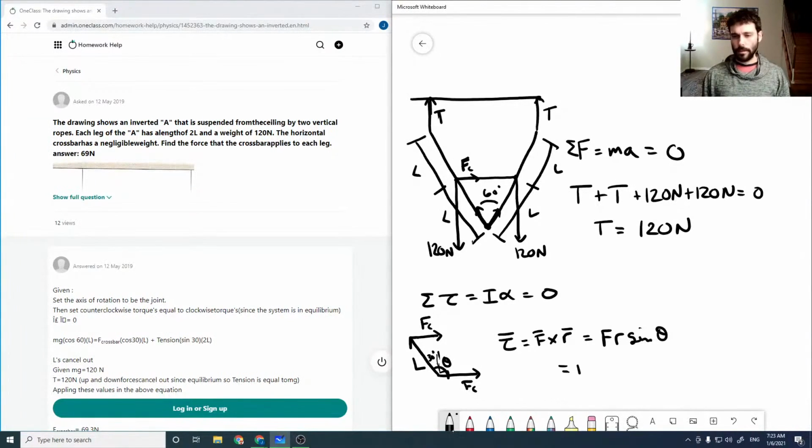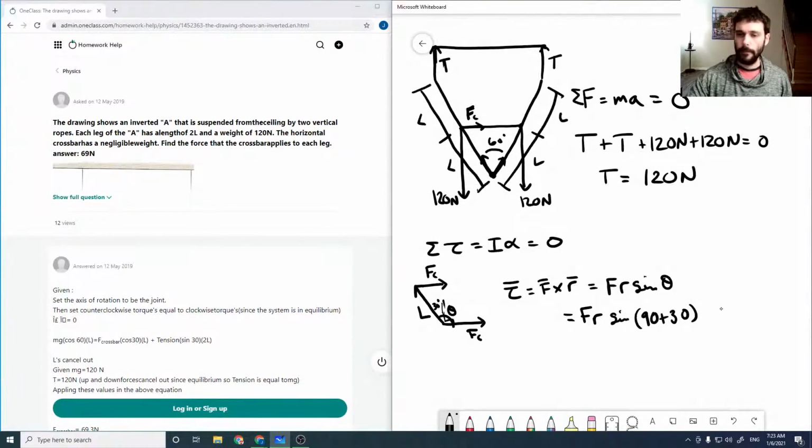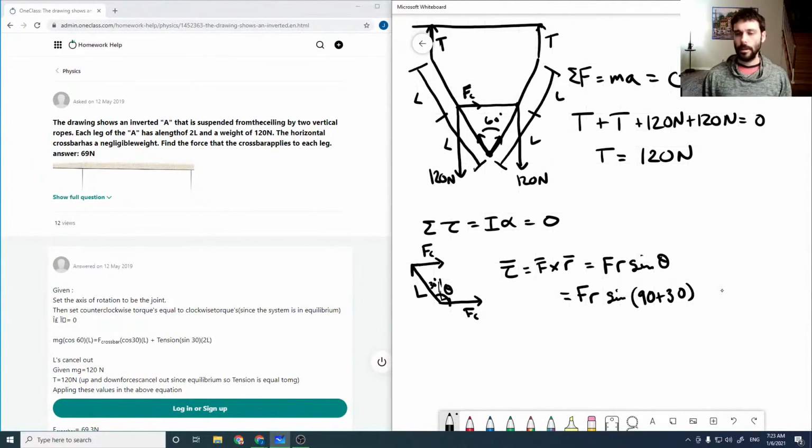So our torque in this case is FR sine of 90 plus 30, which is equal to FR cos theta, or FR cosine of 30 degrees. Which, if you're good with trig, you'll recognize as root 3 over 2.